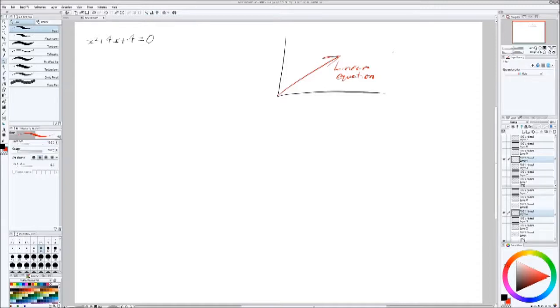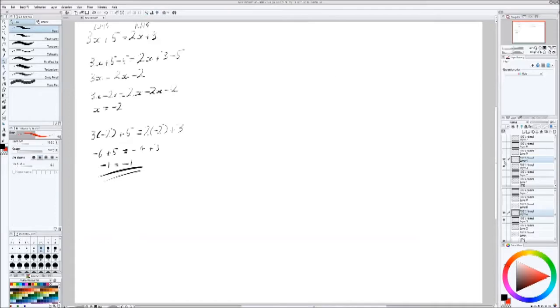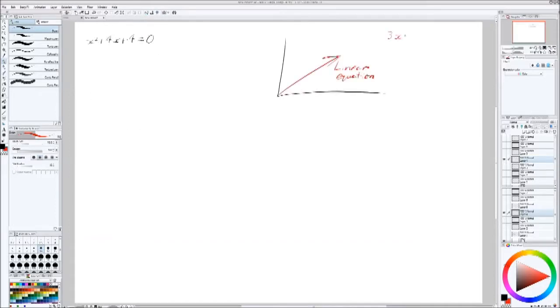You can technically sort of look at it as, so x, let's use the 3x, what was it, 3x plus 5, so 3x plus 5, and let's just say that equals y, because then it's an equation, because we have the x and the y axes.